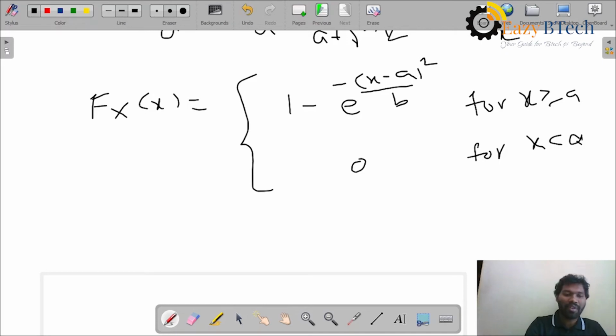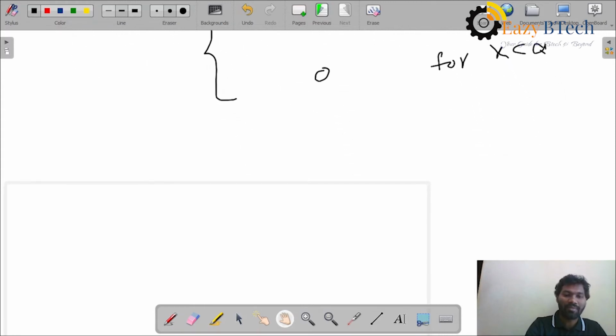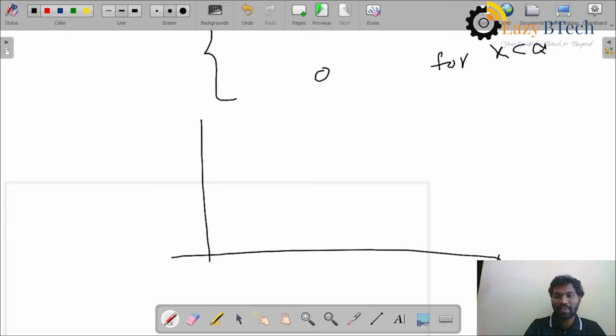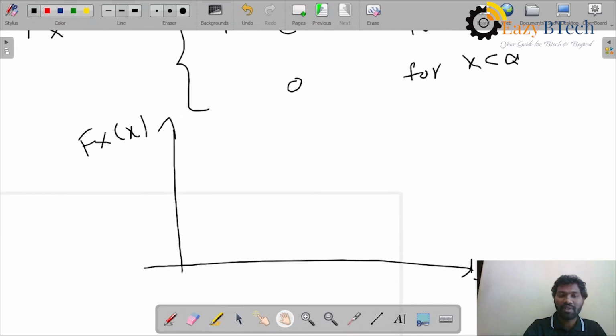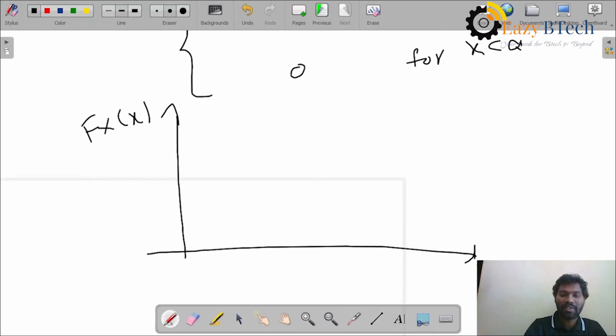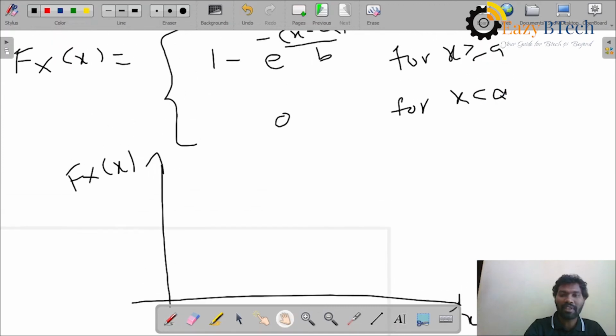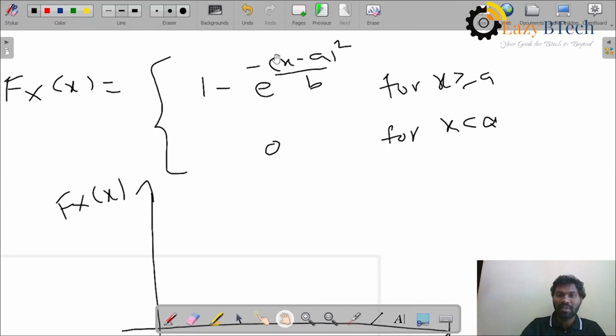If you plot the same one, it is like this. Here you take x and capital FX of x. I already told you the shape of a distribution function is always an increasing function. So in that case, the shape is like this. If you put x equal to a in the above expression, x minus a is 0, so e power 0 is 1, and 1 minus 1 is equal to 0.